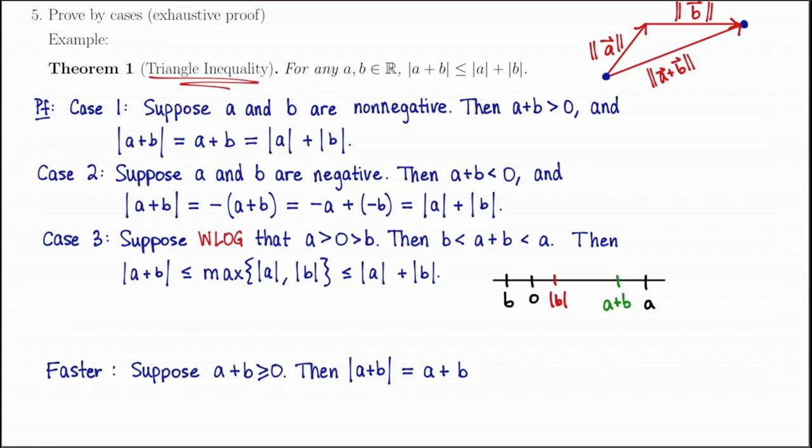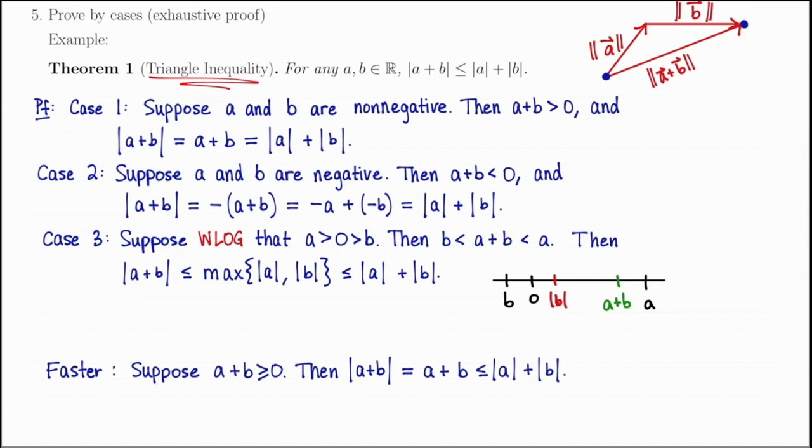What we can say is that every number is less than or equal to its own absolute value. So a is less than or equal to the absolute value of a, and b is less than or equal to the absolute value of b. And then we have the inequality that we want.